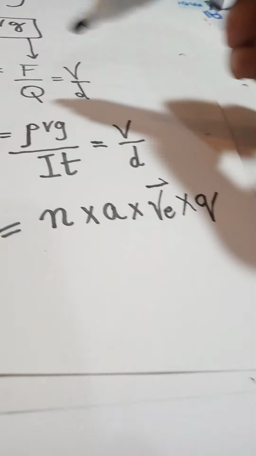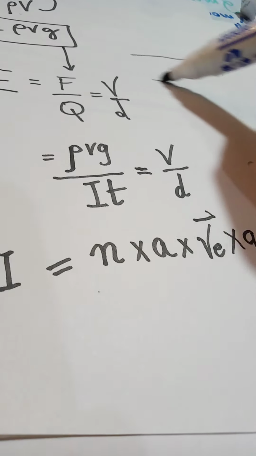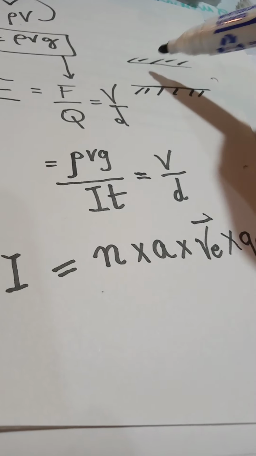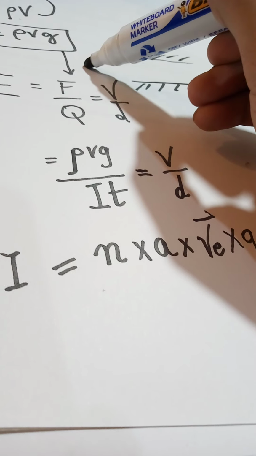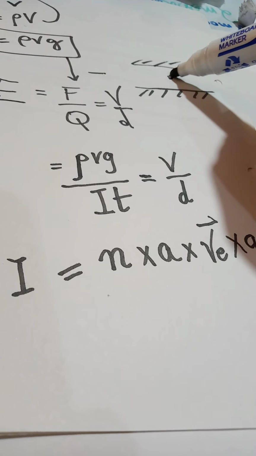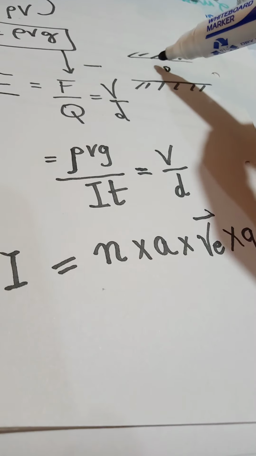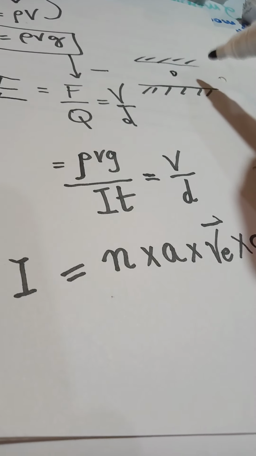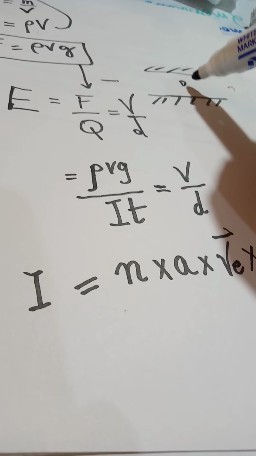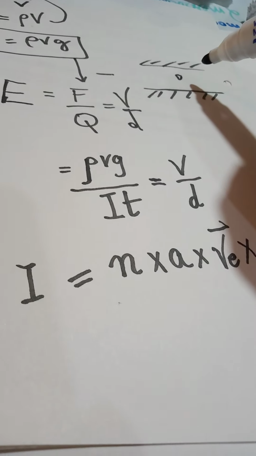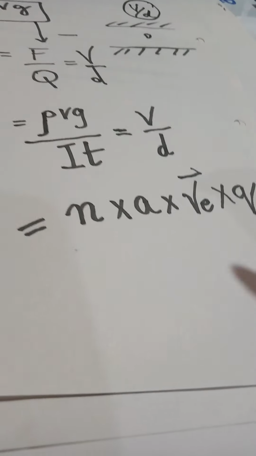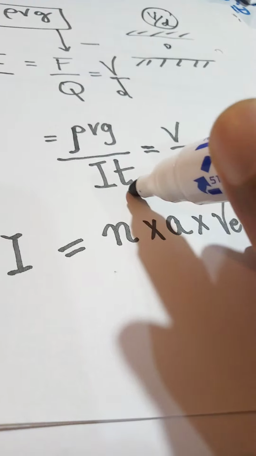So if we're doing Millikan's oil drop experiment, where we're shooting an oil droplet and we want it to get stabilized right in the middle, we balance the electric field in such a manner that it gets stabilized somewhere between the two plates due to V over D, right? So what we do is we input this here.